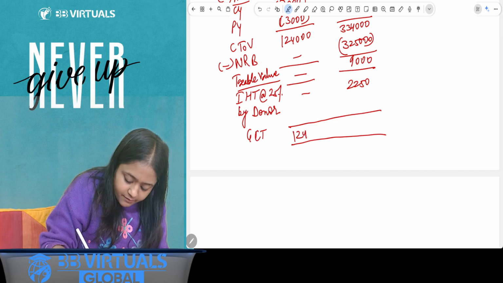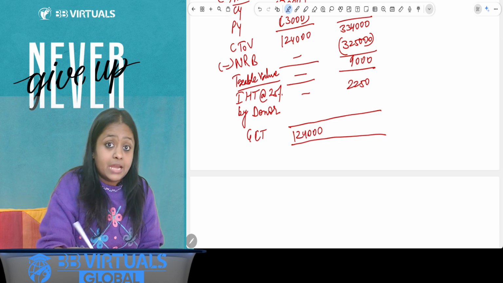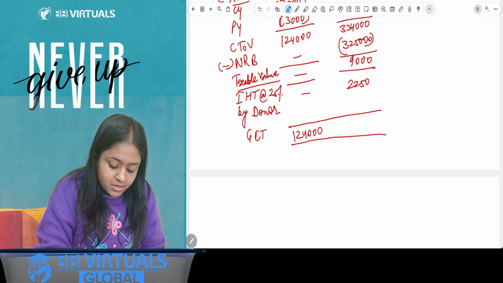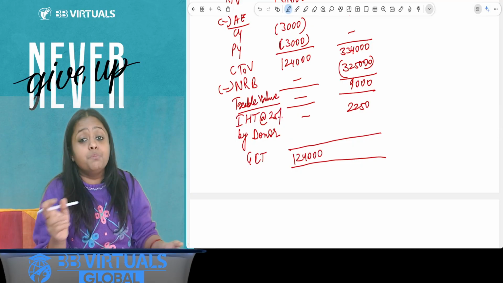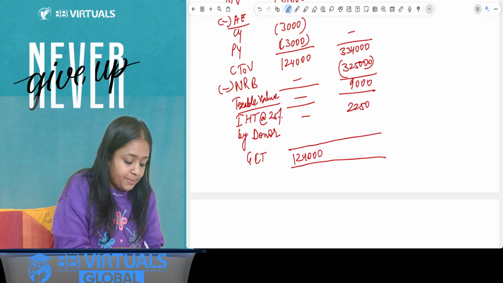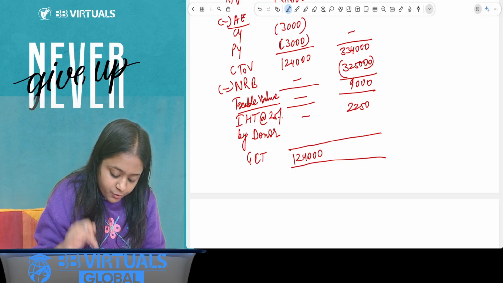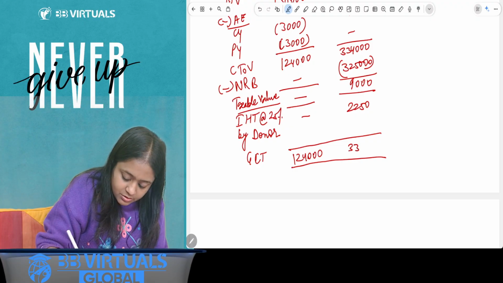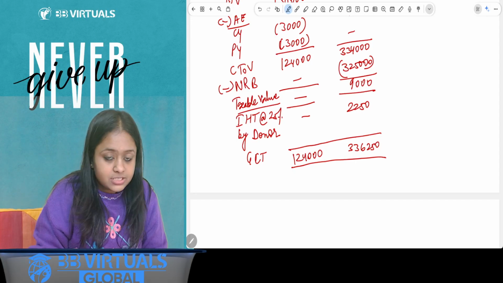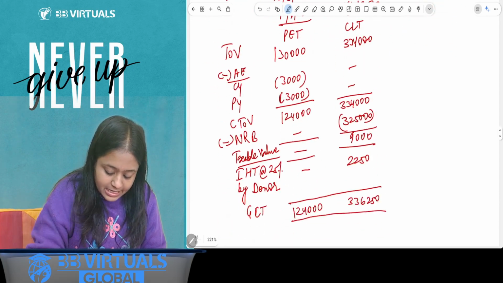GCT here will be same 1,24,000, and here you'll have to add IHT, remember? So GCT will be 3,34,000 because we take the figures before NRB, before application of NRB. 334 plus 2250. So it is 336,250. GCT is 336,250.